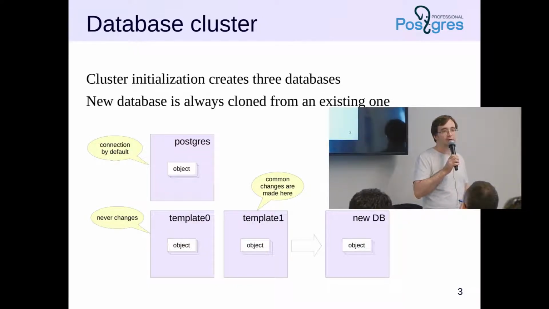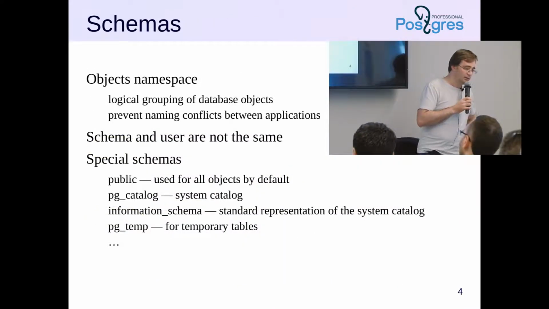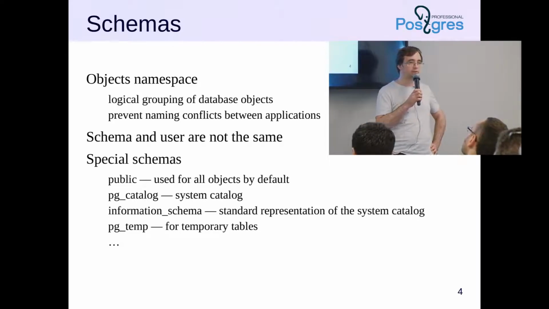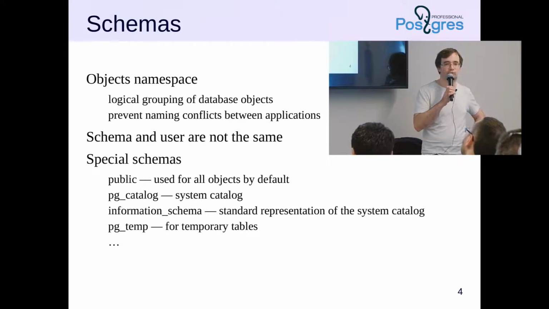Usually there is only one working database in a database cluster, but you can use several databases if you want to. Inside a database you have schemas. A schema is just a namespace for objects in a database.